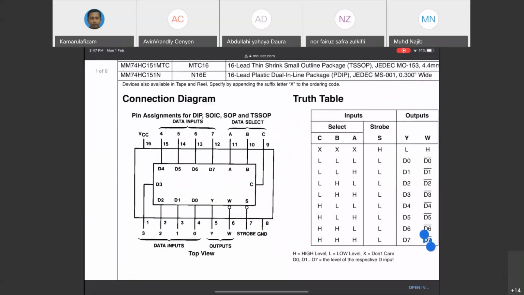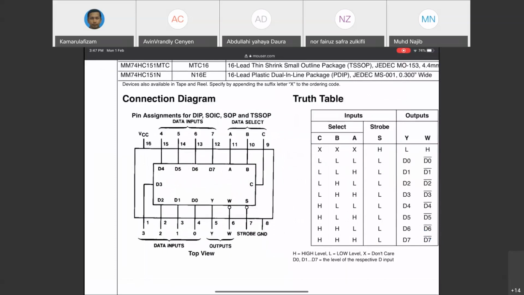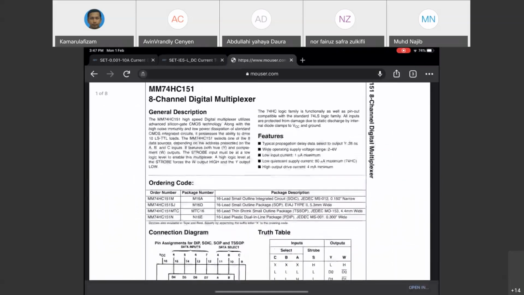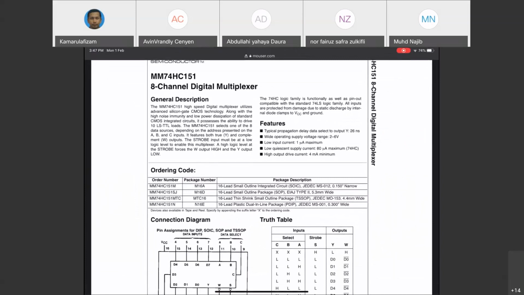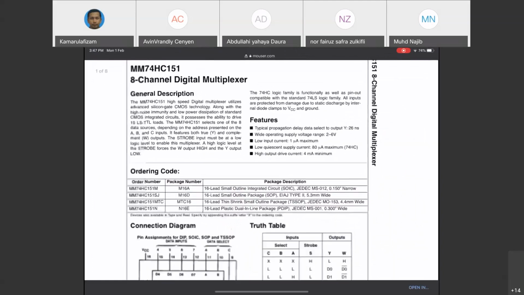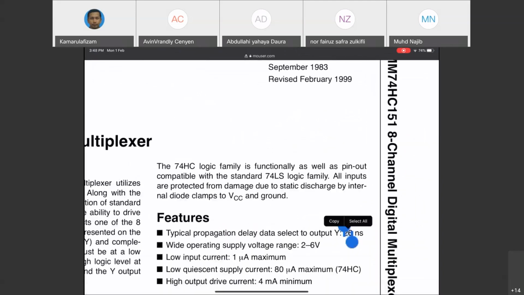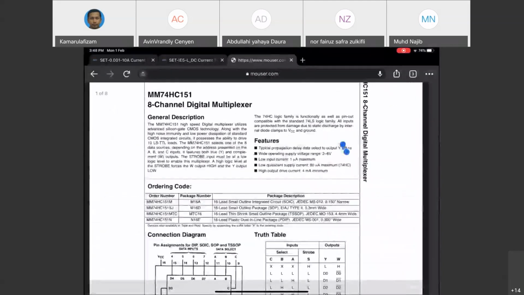So this is basically the operation of a multiplexer, in this case digital. Again, the switching speed depends on the information given. In this particular case, we have a 26 nanosecond switching time. It's fast enough.